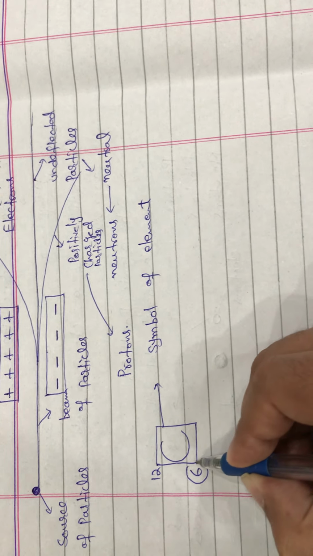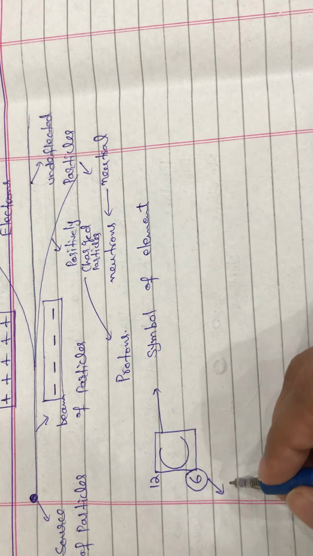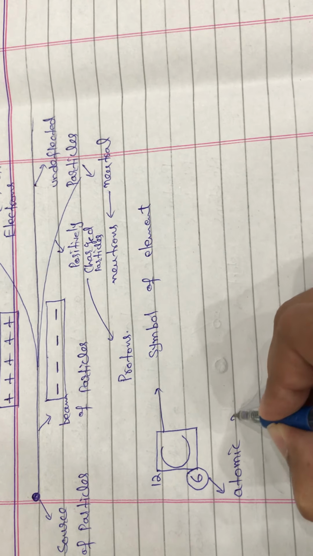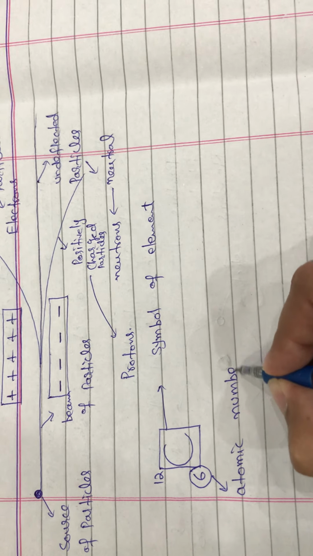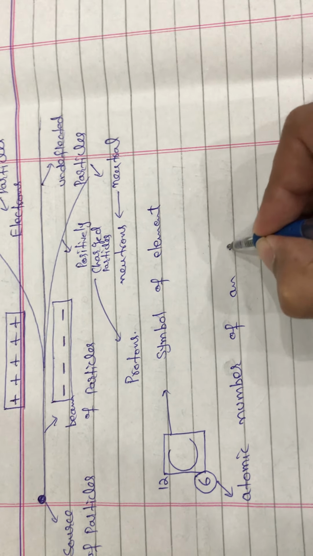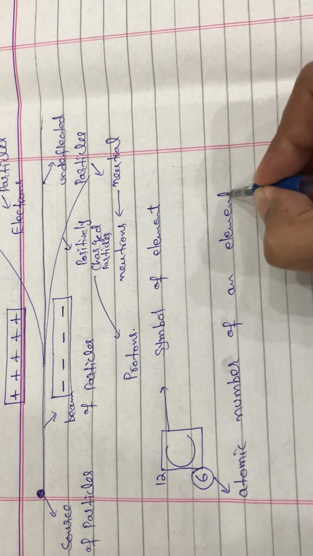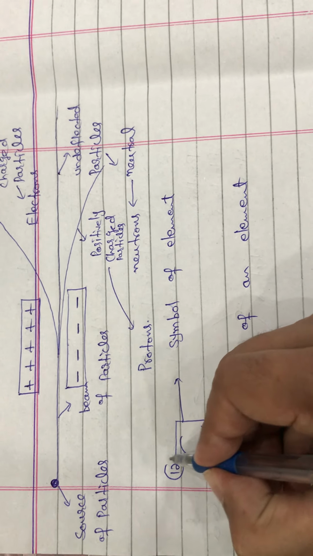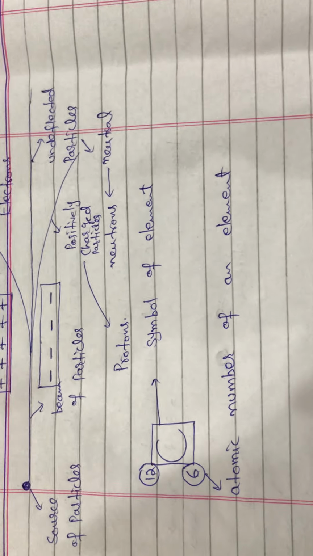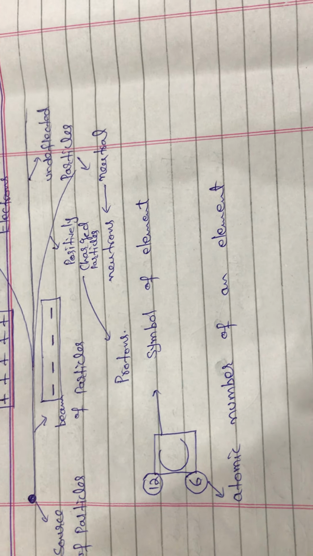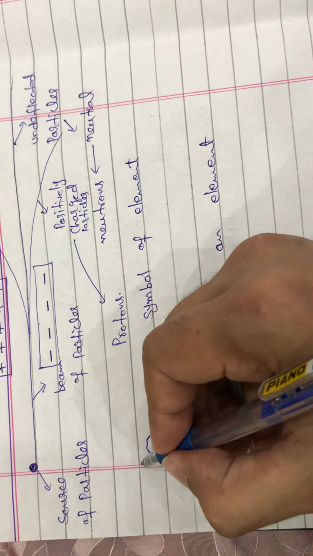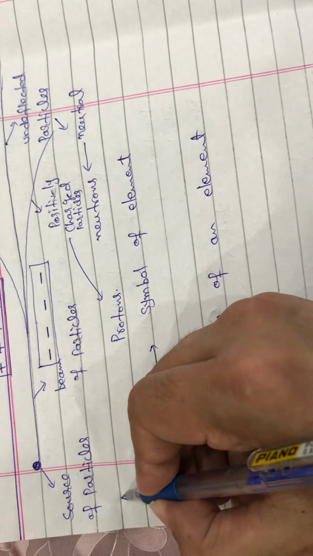The smaller number is known as the atomic number of an element. And the greater value: we have two values upon the symbol of an element. One represents the atomic number and the other represents its atomic mass. This is its atomic mass.